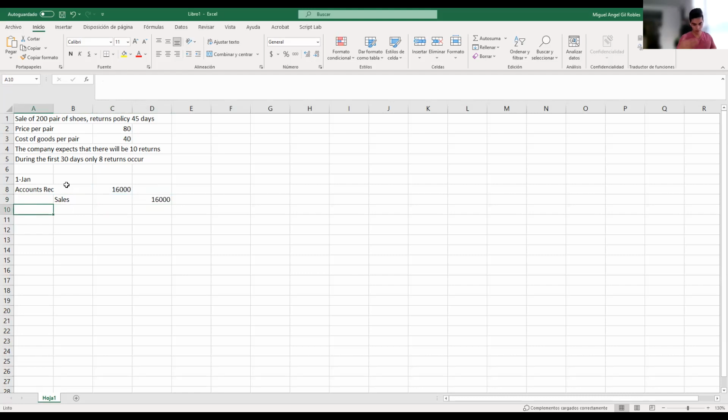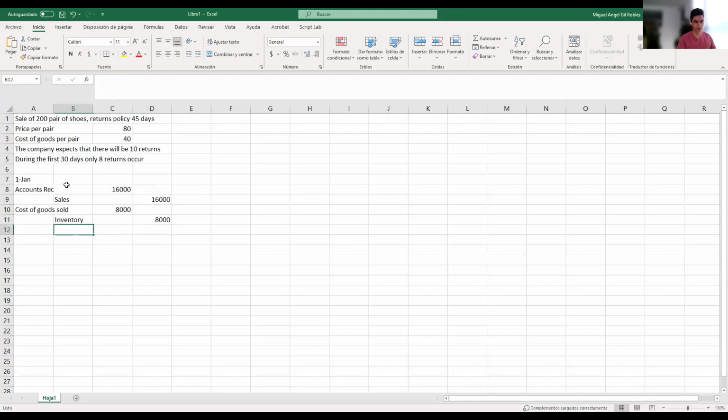And on the same day, when we make the sale, we also have to account for the cost of goods sold. So cost of goods sold will be $40 times 200, and that should be reflected on the inventory.